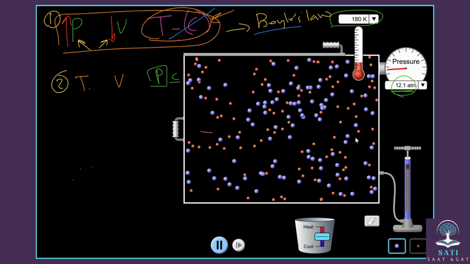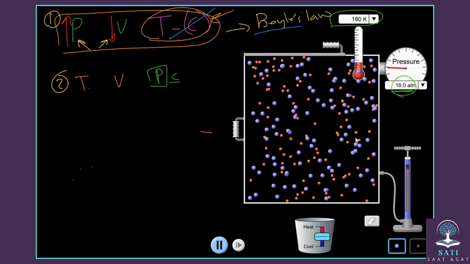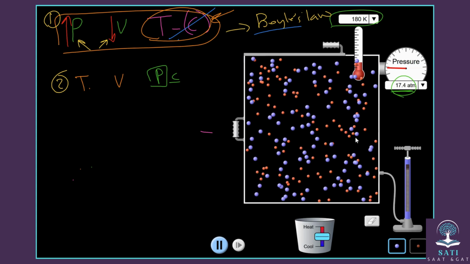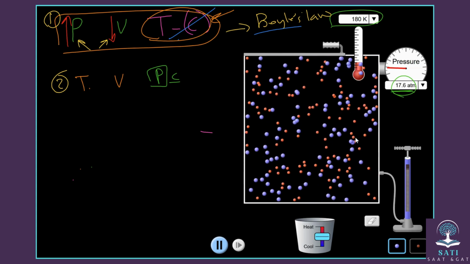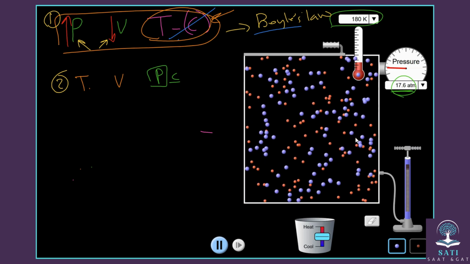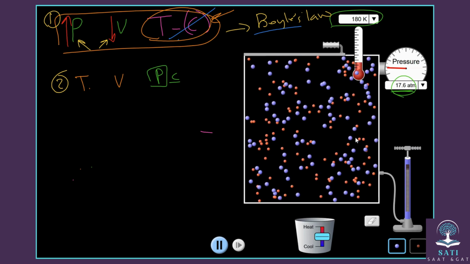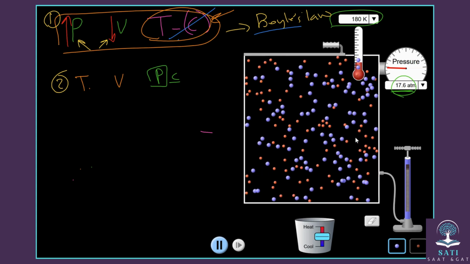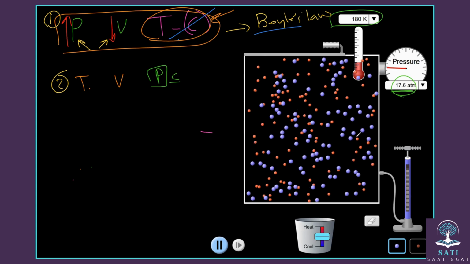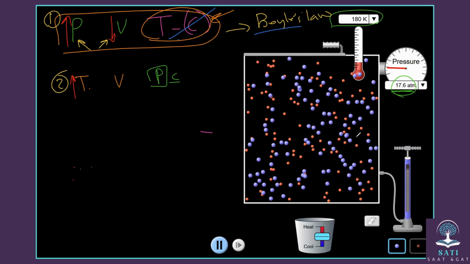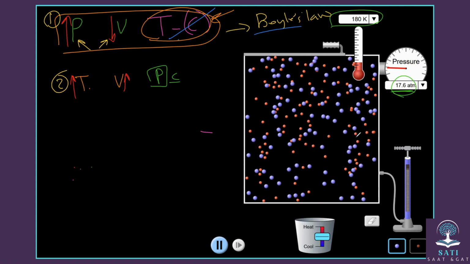Same thing now, if we decrease the volume, what happens? When the pressure is constant and we decrease the volume, that means the temperature is decreased. So when the temperature increases, the volume increases, when the pressure is constant.